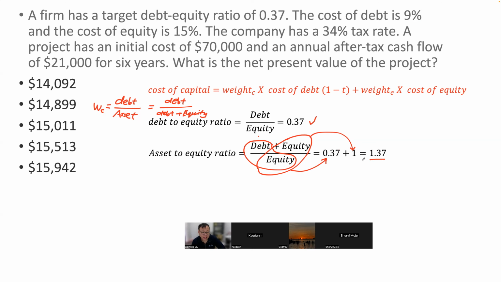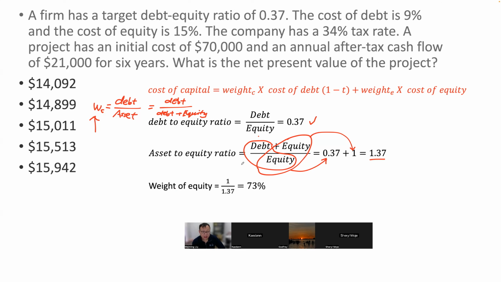But we are looking for the weight. The weight is debt divided by debt plus equity. The asset to equity ratio is debt plus equity divided by equity, so we have to flip this equation.